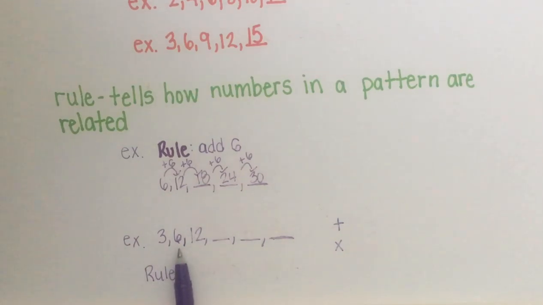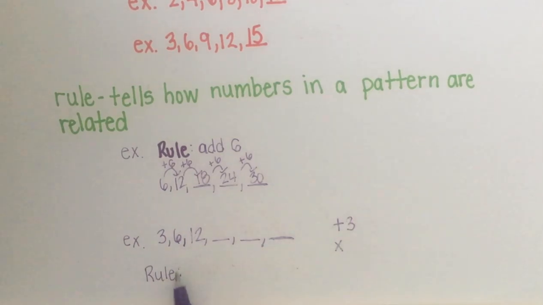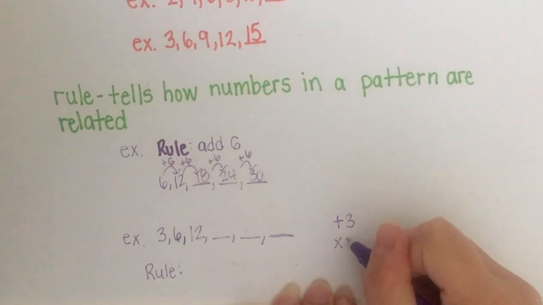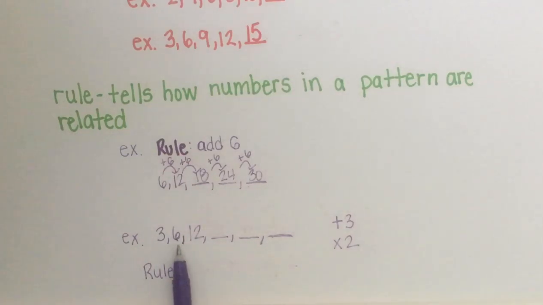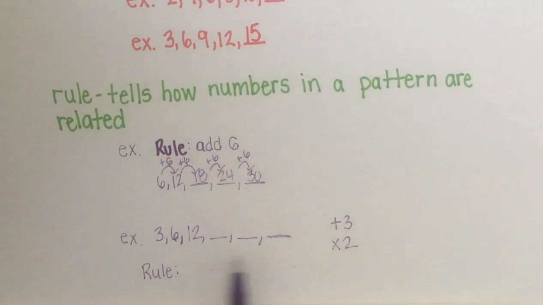So I have 3 and 6. If I add 3 plus some number to get 6, what would I get? 3. And then 3 times what is 6? 2. All right, let's go to the next number. I go from 6 to 12. Is 6 plus 3 12? No, 6 plus 3 is 9, so I don't think that would be it, but let's try times 2.